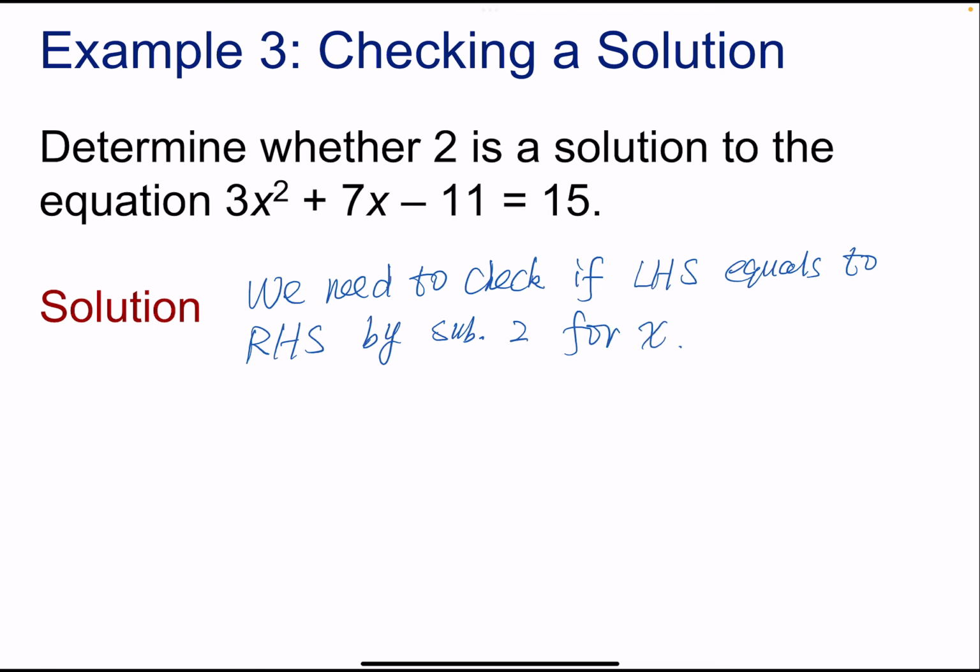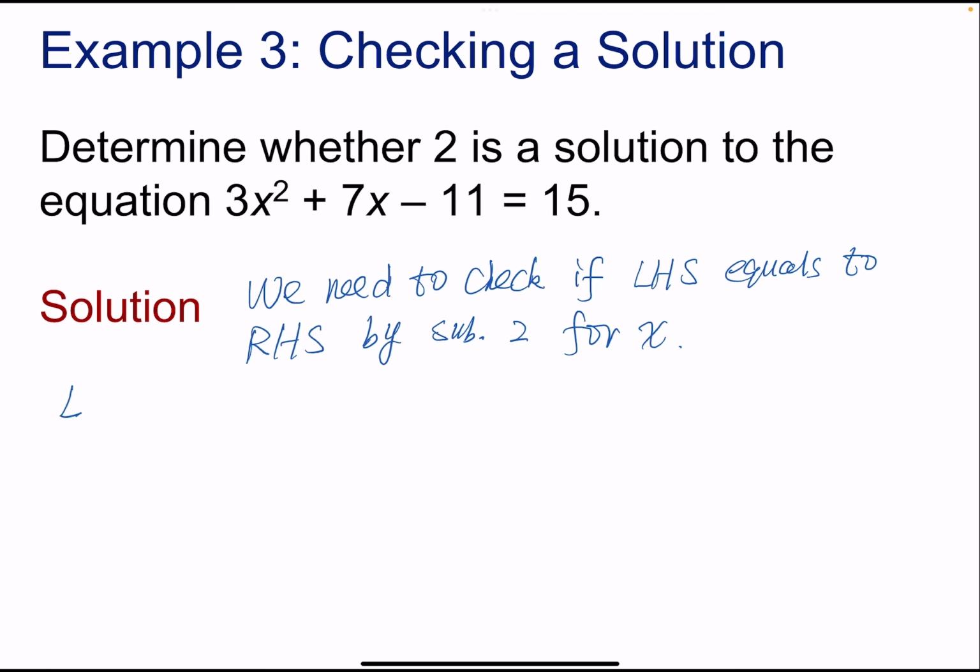So if we find after substituting 2 for x that the left-hand side equals the right-hand side, then we can claim 2 is a solution to this equation.